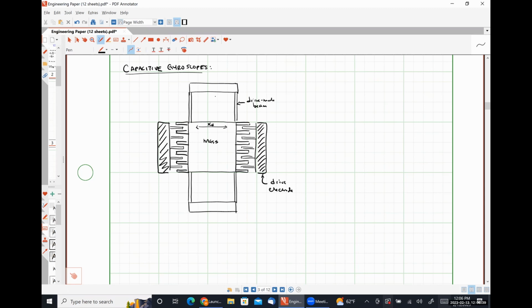And then down the middle here, I'm going to put an anchor point.